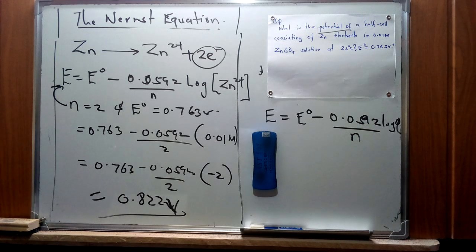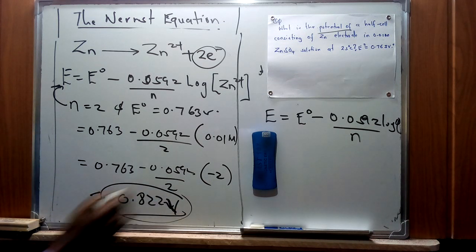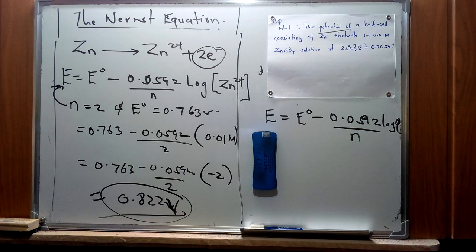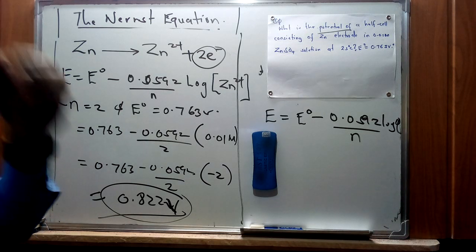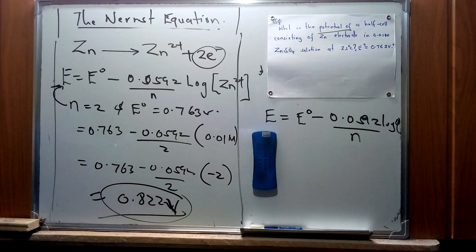So basically this is how we apply the Nernst equation to find the potential of a half cell, given the other information we have talked about, maybe at room temperature. As we move ahead, we're going to encounter different ways in which we can make use of this Nernst equation to find solutions for electrochemical processes that may be given in the form of a question or in our discussions.